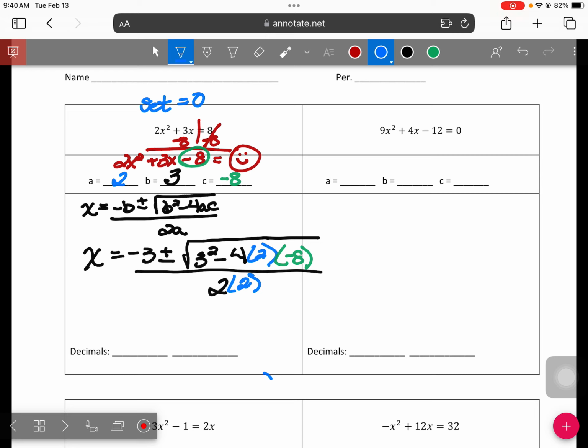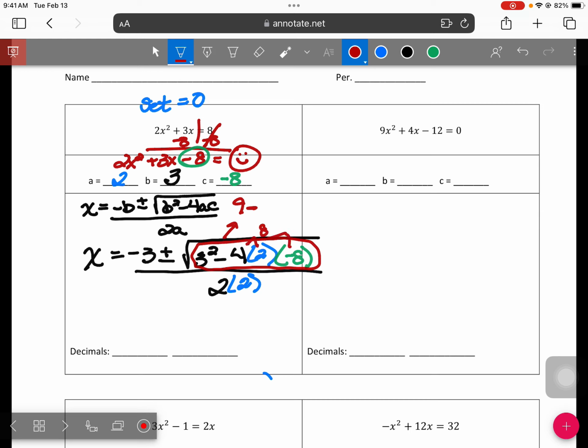Now, let's focus on the discriminant first. This part right here, okay? And I am going to be pushing it up here. So 3 squared is how much? 9 minus 4 times 2 is 8.